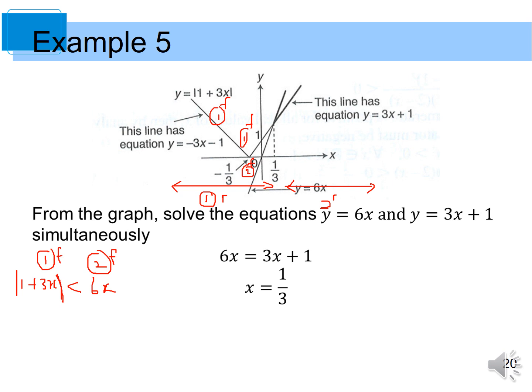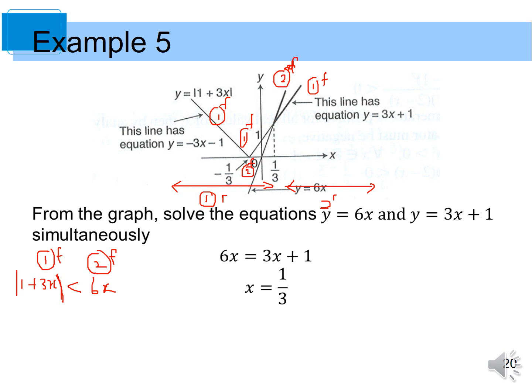This line is linear. You can see linear is the second function. And this line is the first function. We say the second region is the required region because we satisfy the inequality. Look at this.